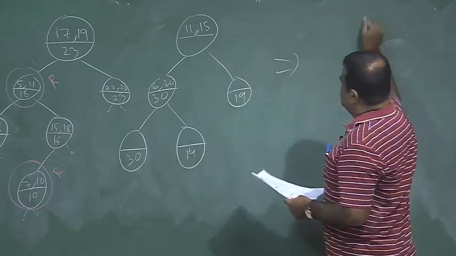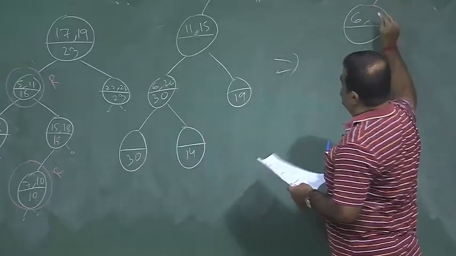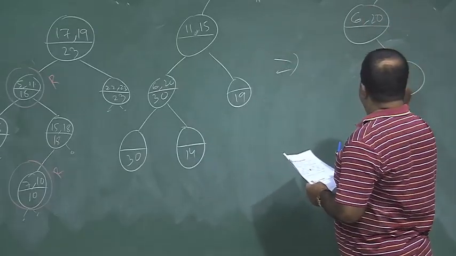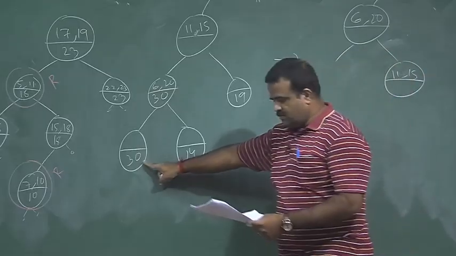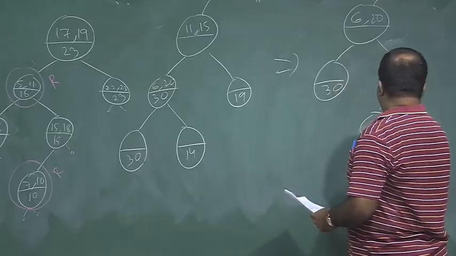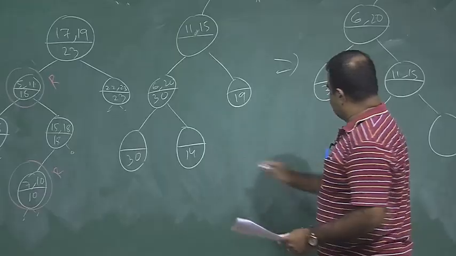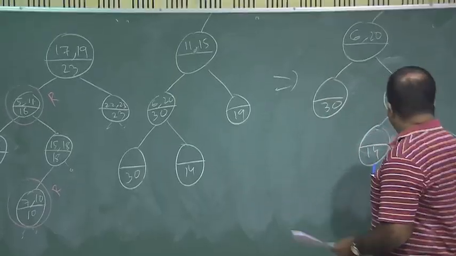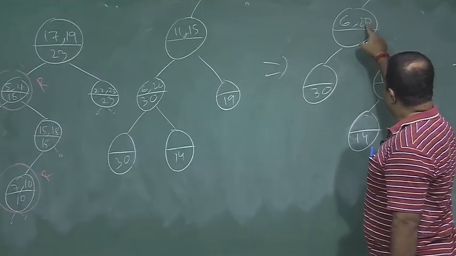So, we have a tree over here. 6 comma 20 will go up, and this will be coming down, and this will be hanging here 30, and these two will be hanging here 14 and 19, and then this value is basically the maximum of this, 19, and this value will be the maximum of this.